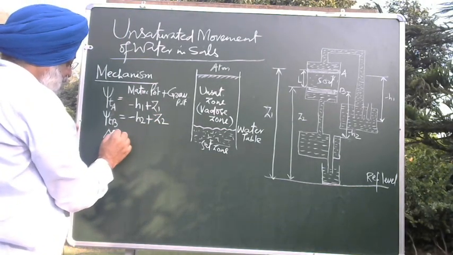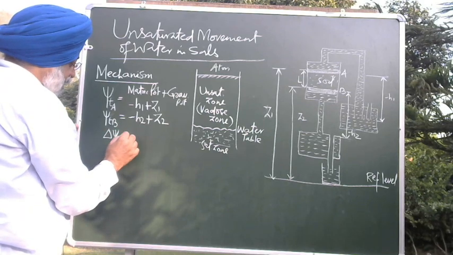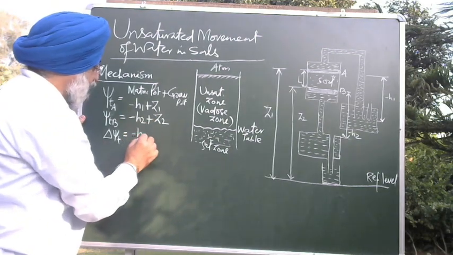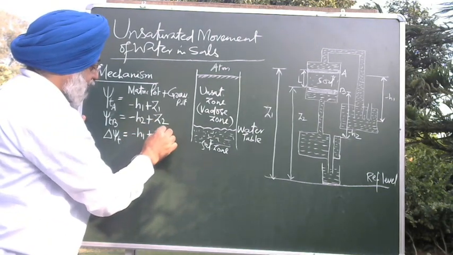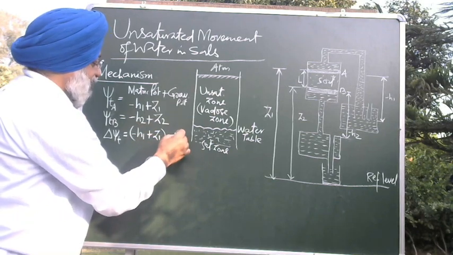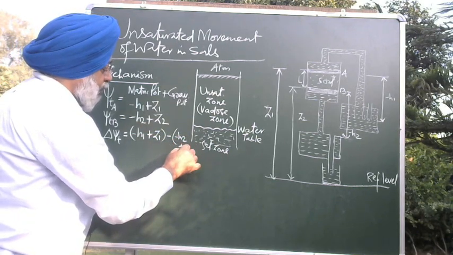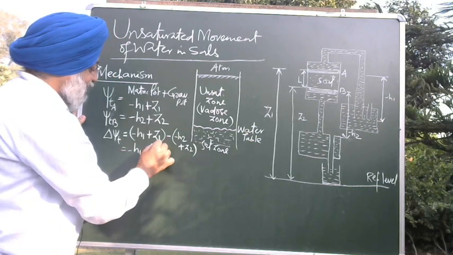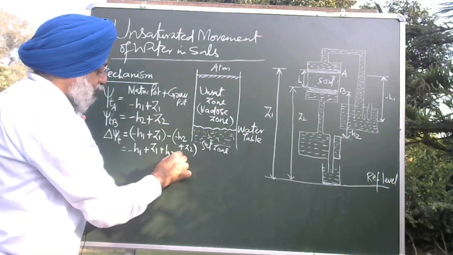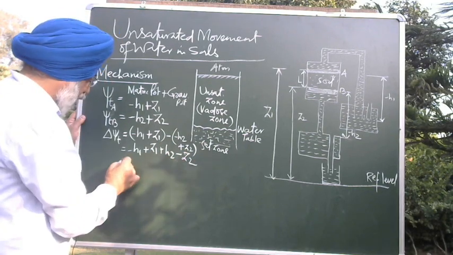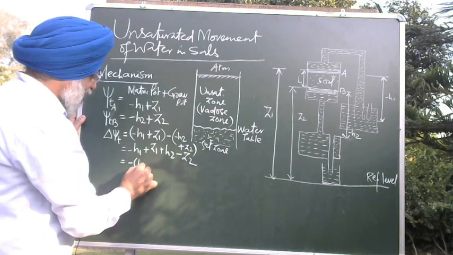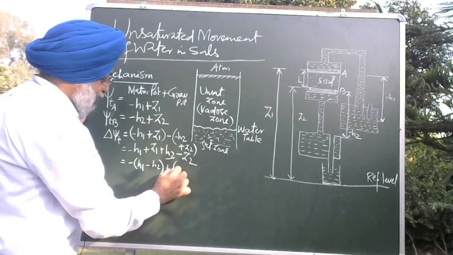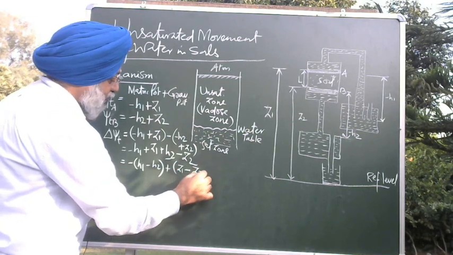So what is the difference between the total soil water potential at the two points A and B? It will be minus H1 plus Z1 minus, minus H2 plus Z2. So this becomes minus H1 plus Z1 plus H2 minus Z2, or you can say minus H1 plus H2 plus Z1 minus Z2.